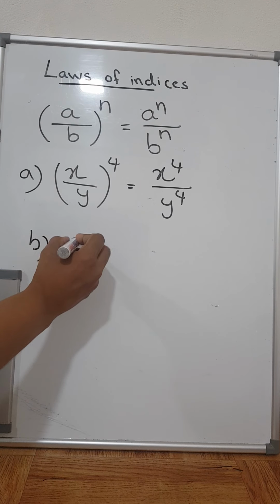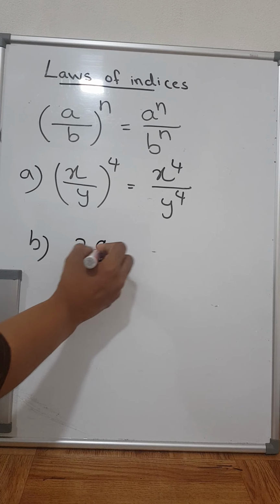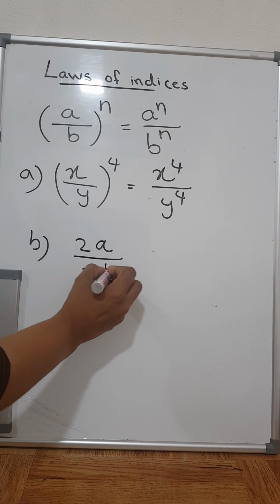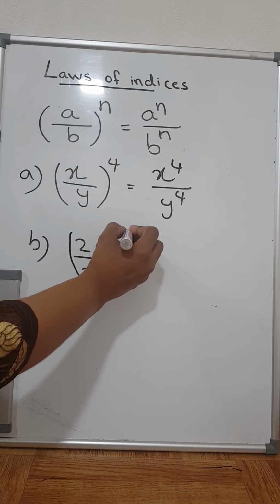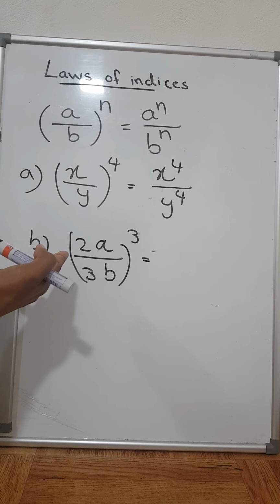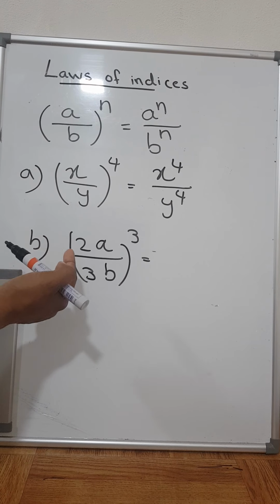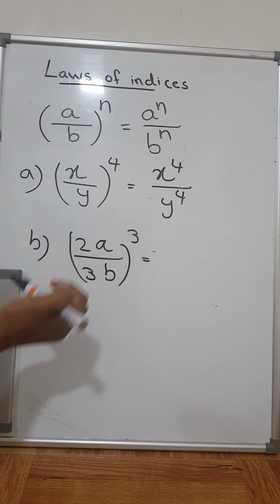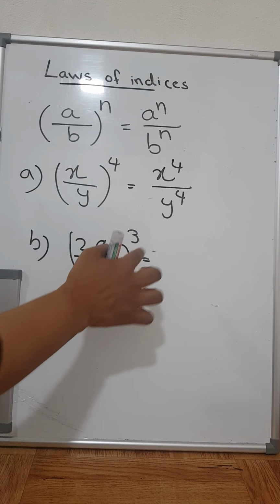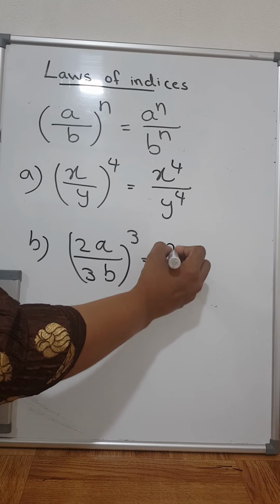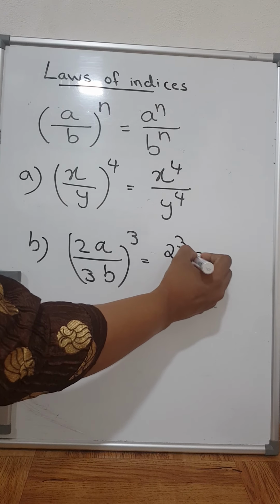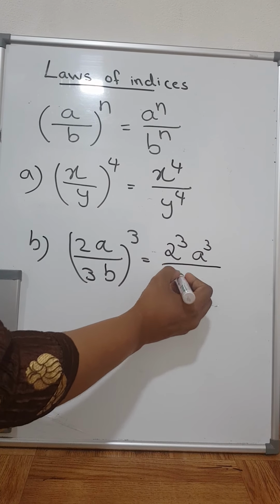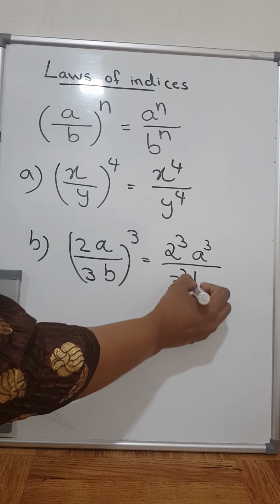Another one, (2a divided by 3b) the whole cube. You see here we have inside the bracket 2, a, 3 and b. So all of them should get the power 3 when we remove the bracket. So it will be 2 cube a cube divided by 3 cube b cube.